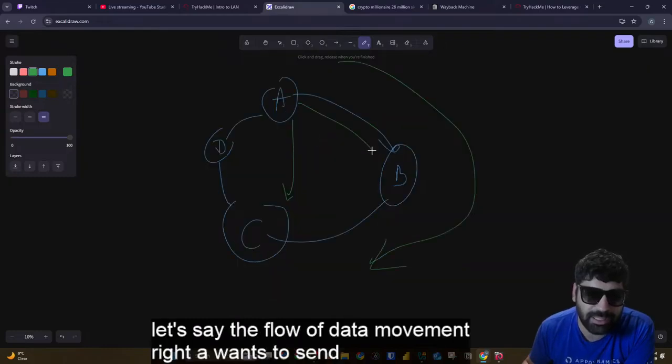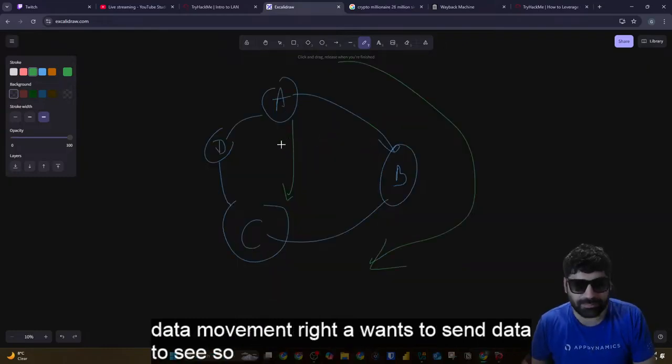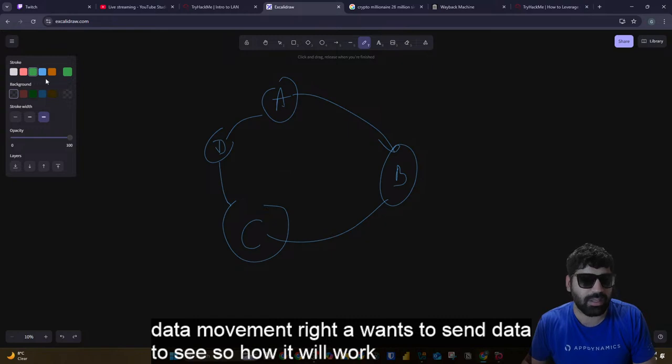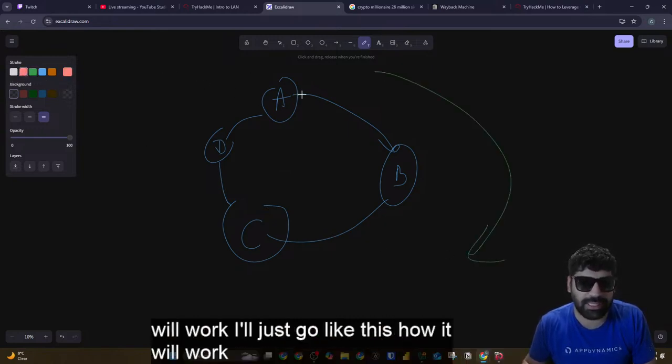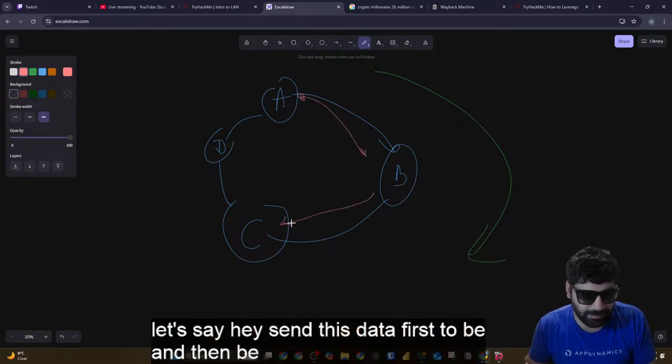A wants to send data to C, so how will it work? Let's say A sends its data first to B, and then B sends it to C.